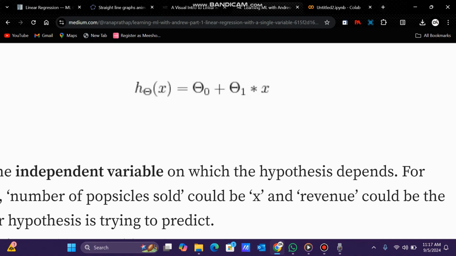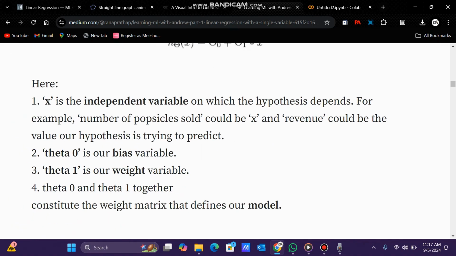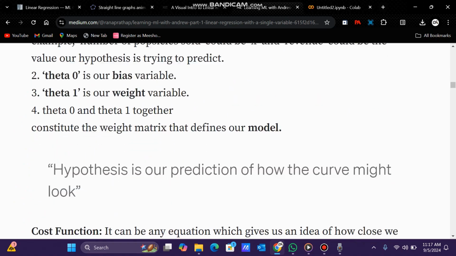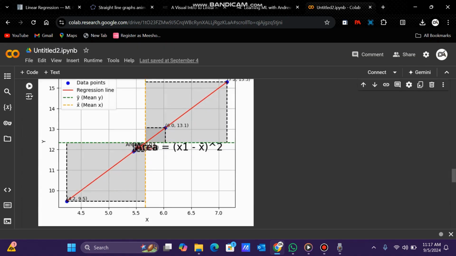So theta naught is my constant here, and theta 1 is my slope. Many professors and people we learn from use this hypothesis. Don't get confused: theta 0 is our bias variable and theta 1 is our weight variable. Hypothesis is our prediction of how the curve might look. This is the definition of hypothesis.